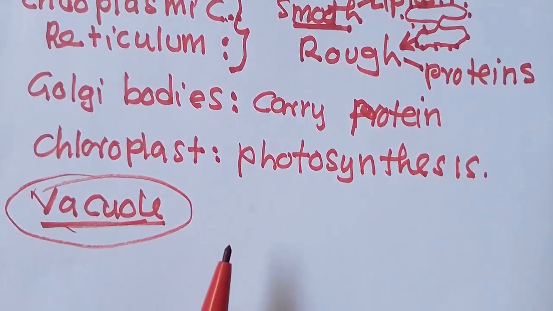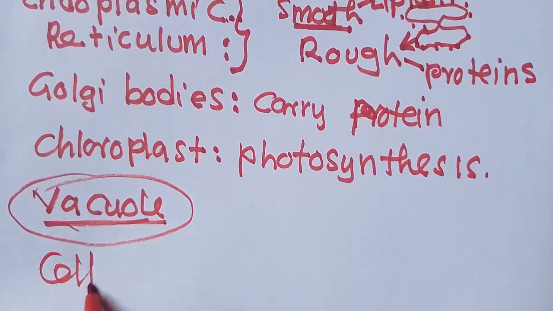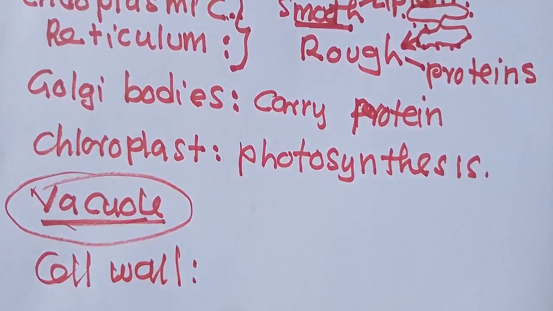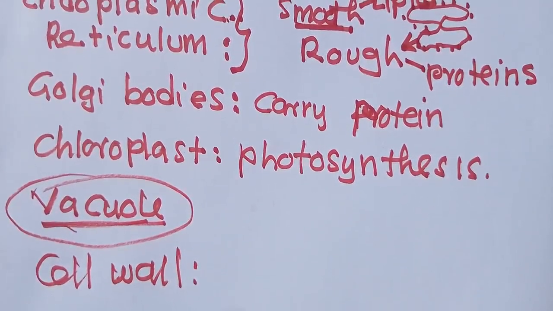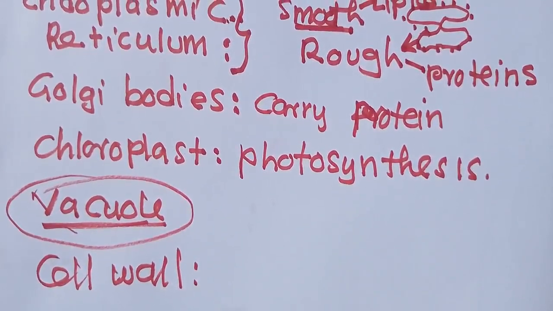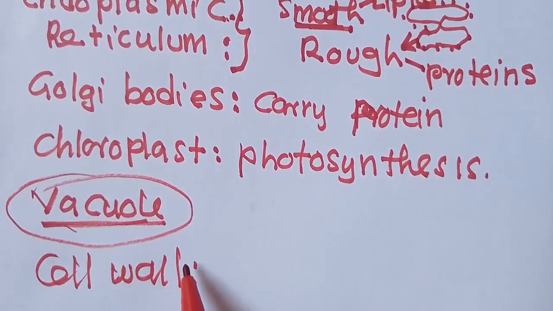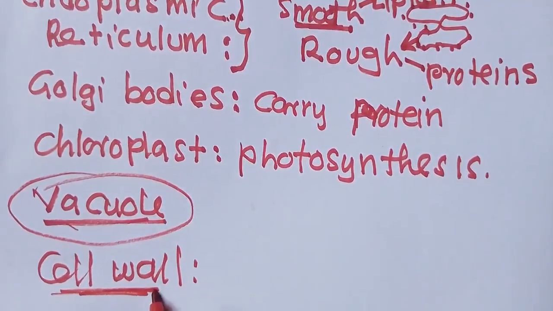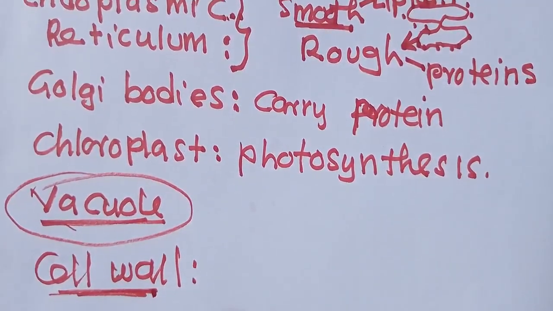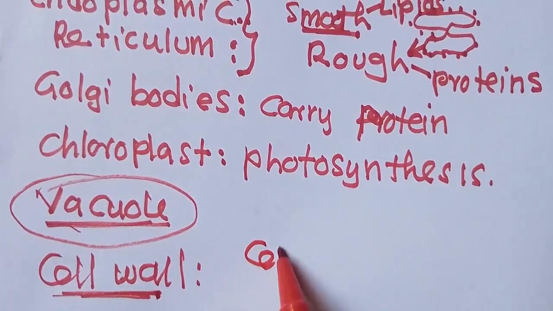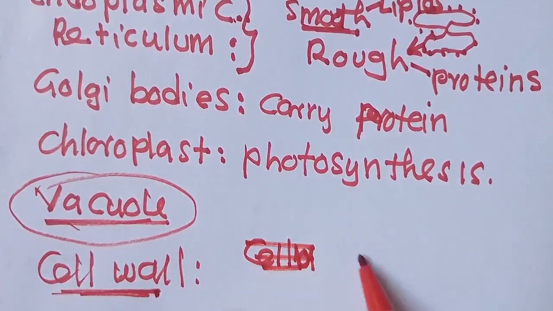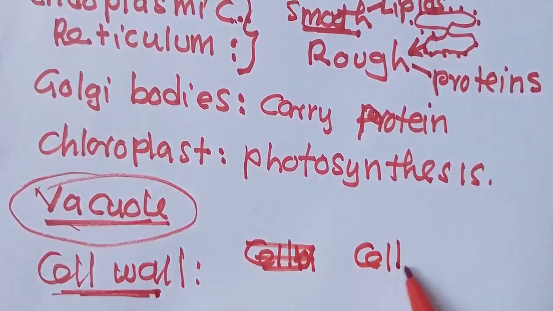Then lastly, I'm going to talk about the cell wall. What is a cell wall? This is the outermost boundary of the plant cell. It is made up of a substance called cellulose.